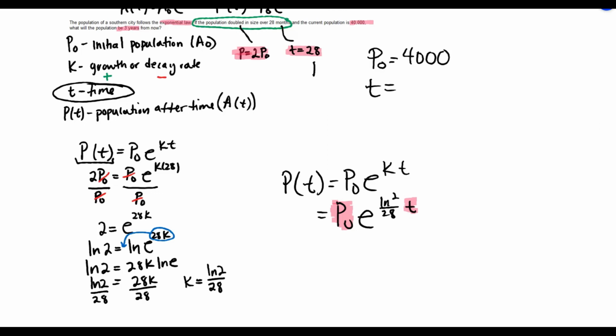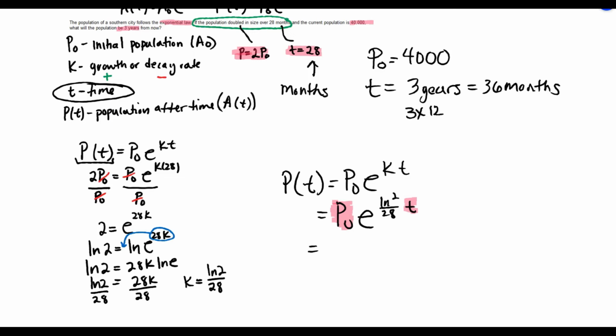So because we used 28 months earlier, we need to make sure the units for our time is months. So 3 years is the same thing as 36 months. We got that by doing 3 times 12, the number of months in a year.